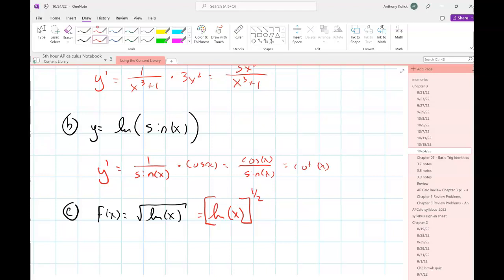So if I do the derivative of the outside, good. And then the derivative of the inside? 1 over x. So if we put this all together, we could write it that way.